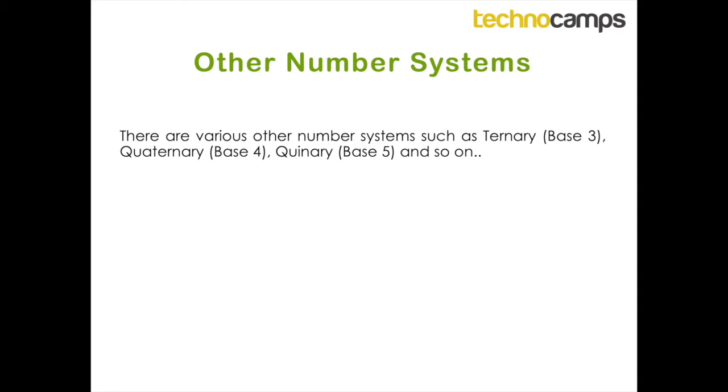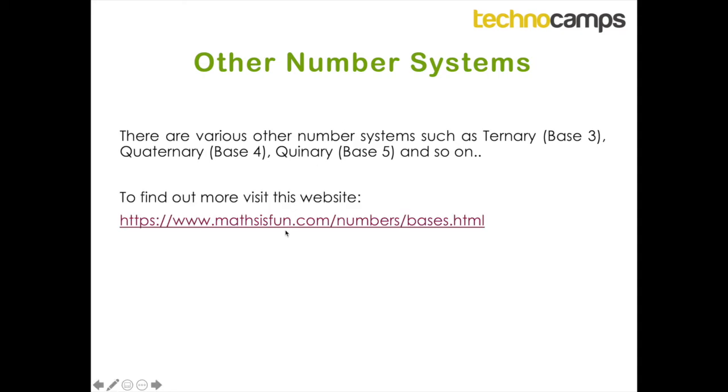There are various other number systems, such as ternary, base 3, quaternary, base 4, and quinary, base 5, and so on. If you want to find out more, go to this website.